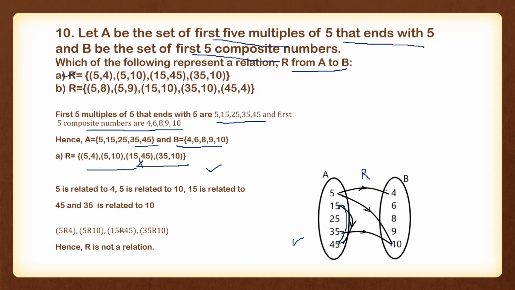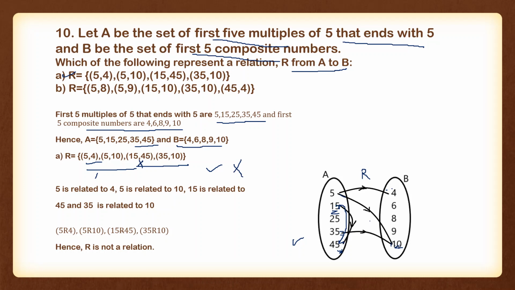But let's check the other ordered pairs. 5, 4, yes. 5, 10 is also there. It is related. 35, 10 is also there. But 15 and 45 cannot be possible. If they are not possible, that means it is not a relation.